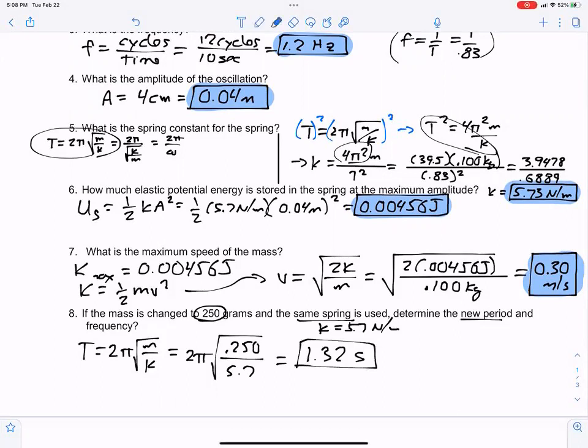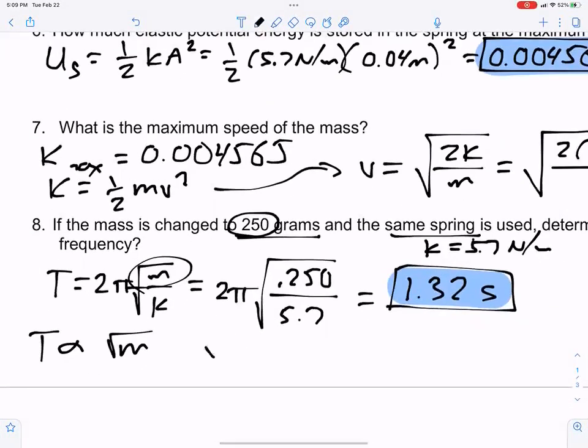Now, why does that make sense? Because according to this model, T is proportional to the square root of the mass. So if the mass is 2.5 times larger, what is the square root of 2.5? The square root of 2.5 is roughly about 1.58.